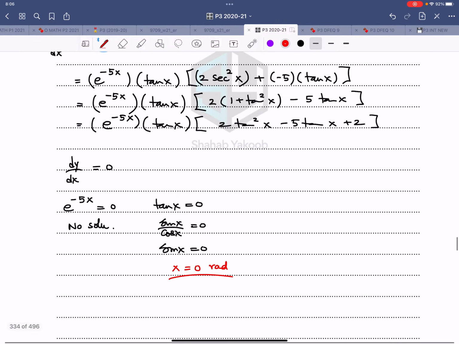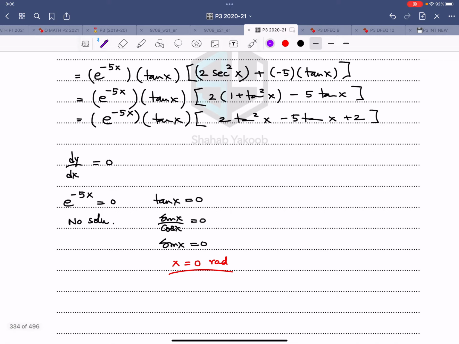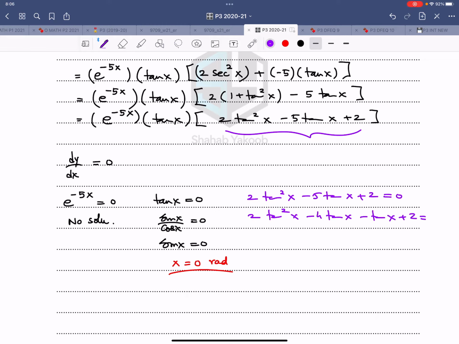Now you have this thing. So this is 2 tan square x minus 5 tangent x plus 2 equals 0. I think it will factorize: 2 tan square x minus 4 tangent x minus tangent x plus 2 equals 0. So 2 tangent x minus 1, tangent x minus 2 equals 0.